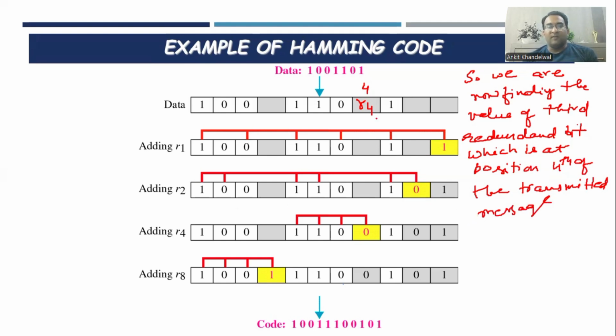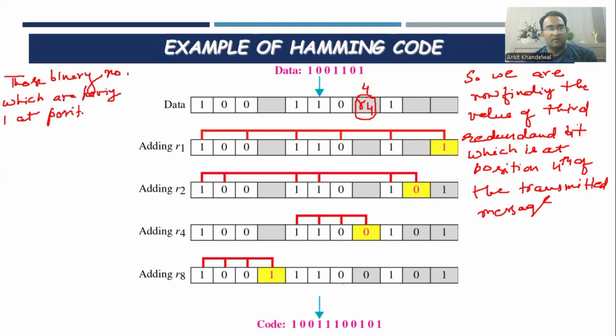So for finding out the value of R4, we have to see those binary numbers which are having 1 at position third.